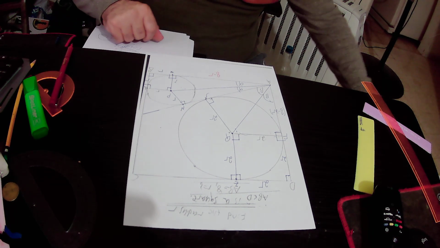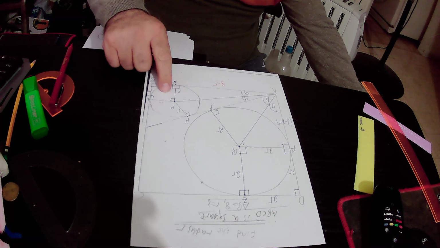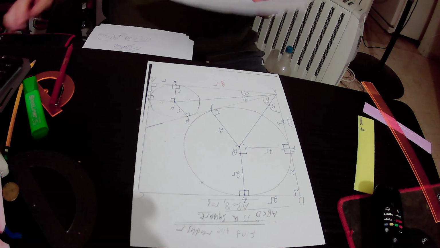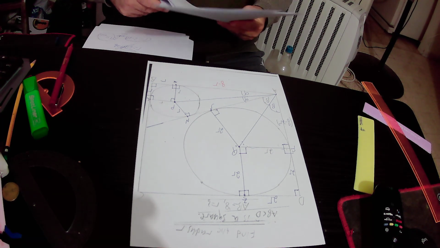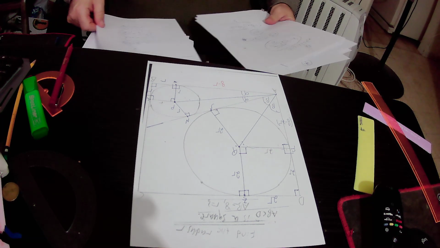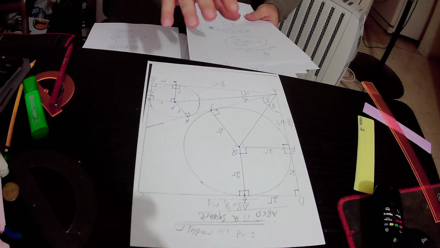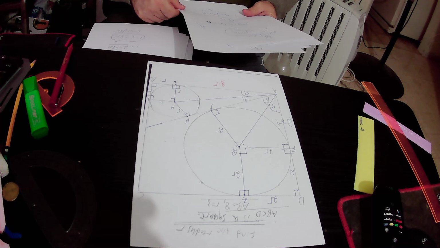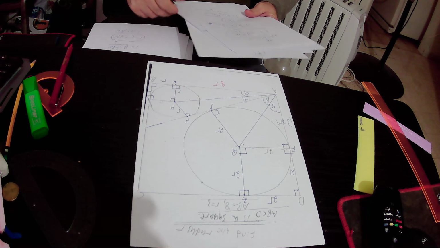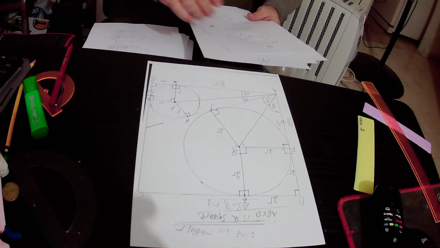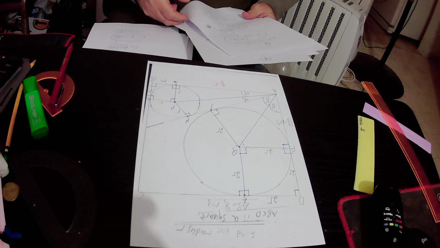Actually, we wanted to find out the radius of this small circle, and inside we have here a square. One side of this square equals 8 units, and inside this square we have 2 circles.